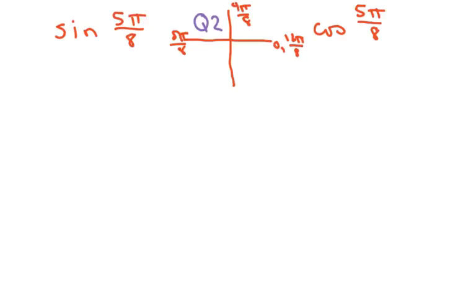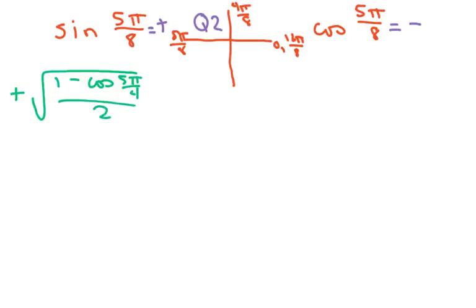That means in quadrant 2, my sine answer is going to be positive. However, my cosine answer is going to be negative. So for sine, I'm going to be using the positive square root of 1 minus cosine of 5 pi over 4, over 2. However, for cosine, we're going to use minus, because my answer has to be negative: the square root of 1 plus cosine of 5 pi over 4, divided by 2.